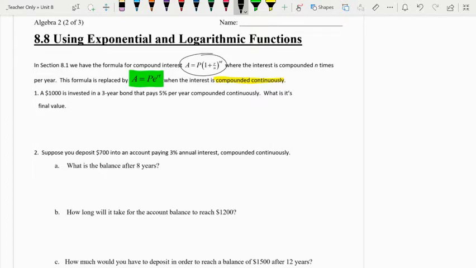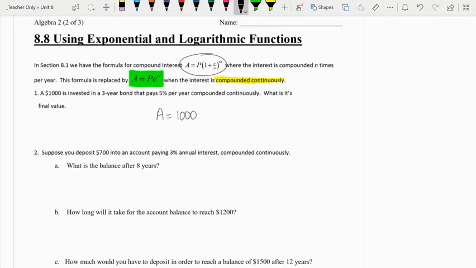Our first question says $1,000 is invested in a 3-year bond that pays 5% per year, compounded continuously. So we are going to plug into our equation. We invest 1,000, so P equals 1,000.